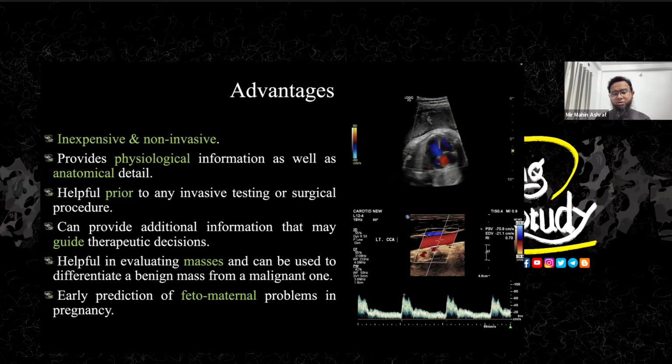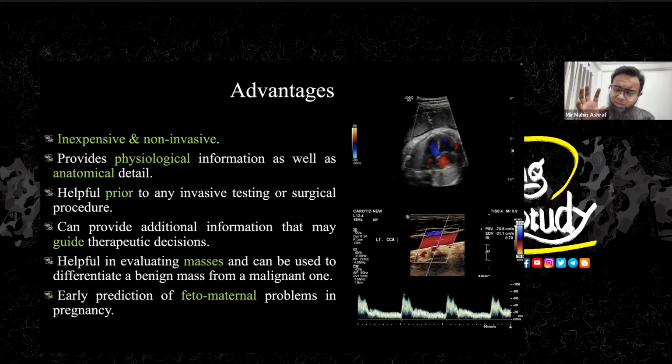In the fetal-maternal case, we can predict the fetal condition or maternal abnormality early using Doppler, because all the changes we see actually happen first in the blood vessels. Then it changes day by day up to the placenta, fetus, and so many things.